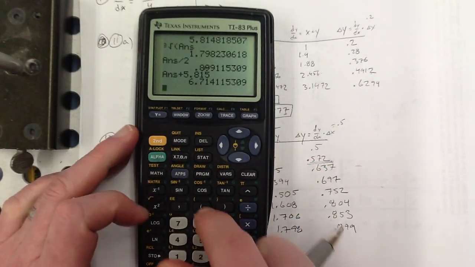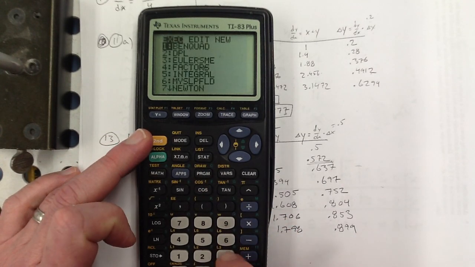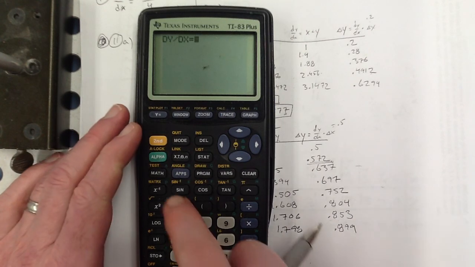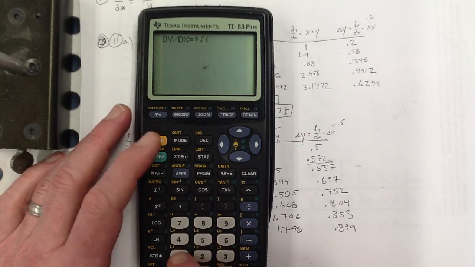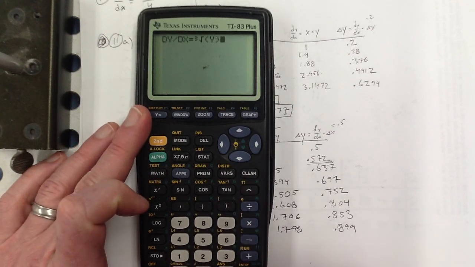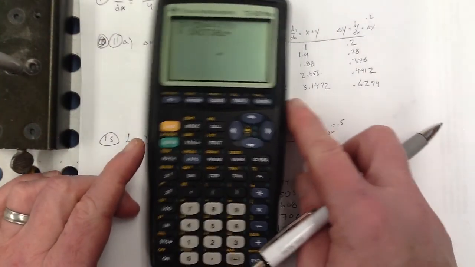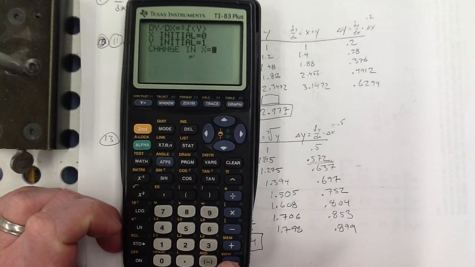Let's see what the program says. So program, Euler's method. What's my dy dx? It is the cube root of y. And what's my x initial? Where are we starting at? 0, 1. 0, 1.